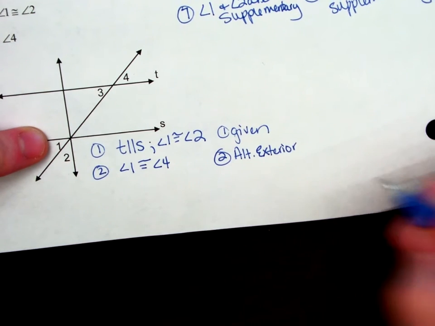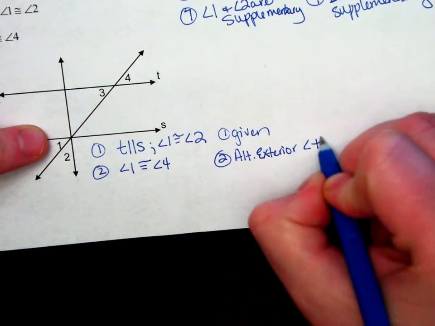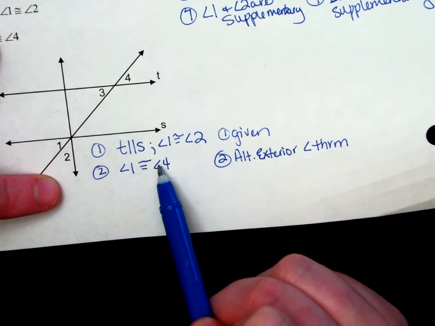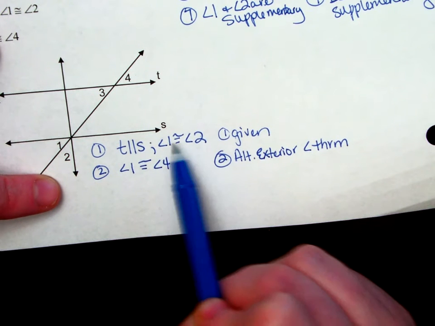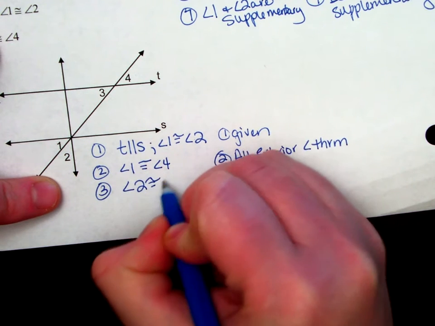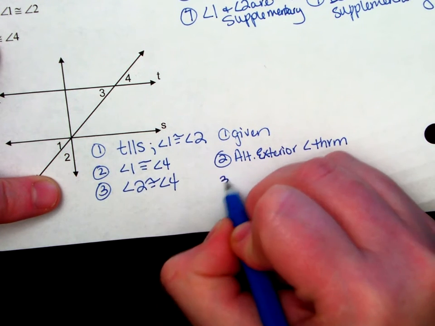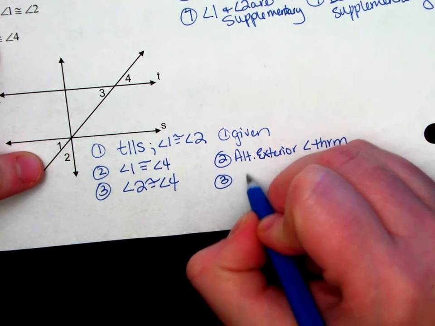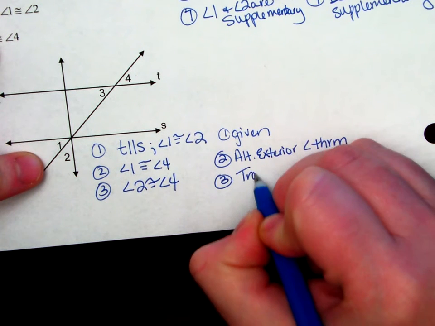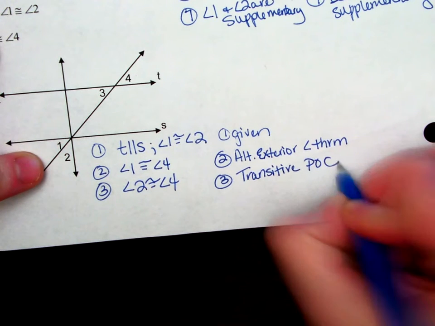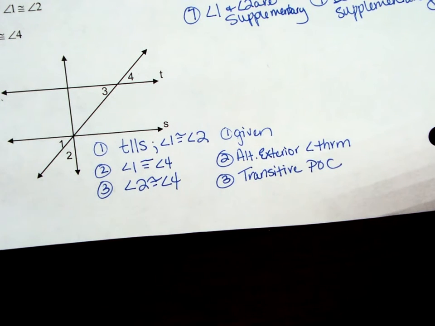So that's the alternate exterior angle theorem. Since 1 is congruent to 2 and 1 is congruent to 4, I can do the transitive property. So step number 3, angle 2 is congruent to angle 4. That would be the transitive property of congruence. So technically I'm done.